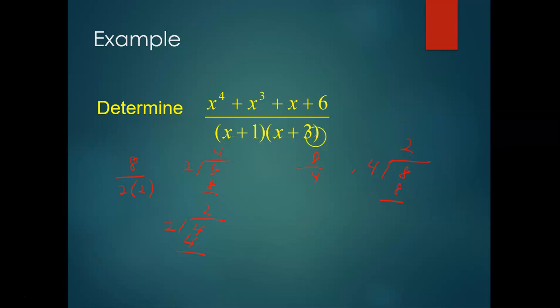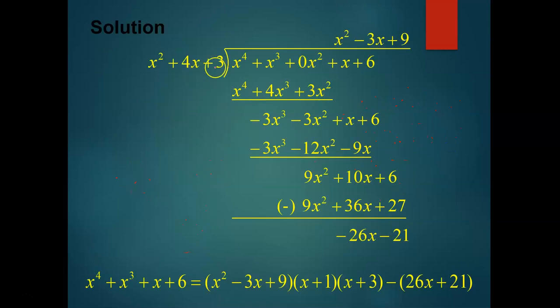So same thing with this, you can expand the denominator first, plus x cubed plus x plus 6 over, the denominator here is x squared plus, what, 3x, 4x plus 3. Then we do the long division here. You look through this: x squared, because they want to remove x to the fourth, here is x squared, so they must multiply with x squared.